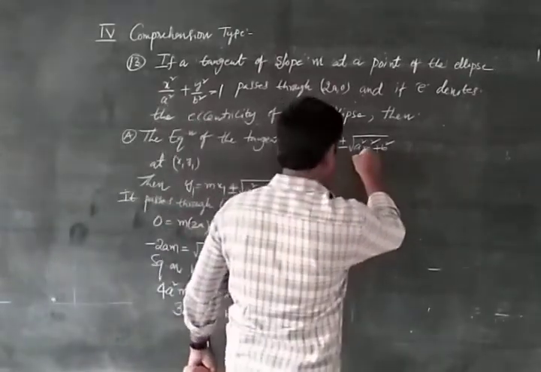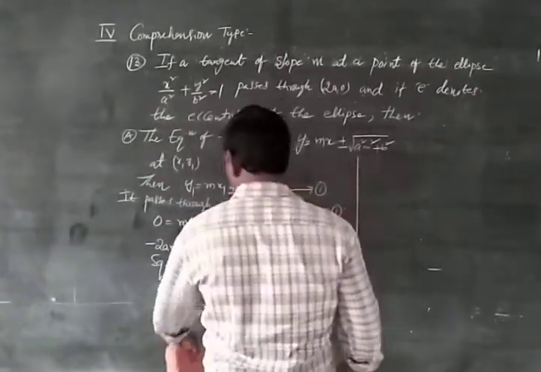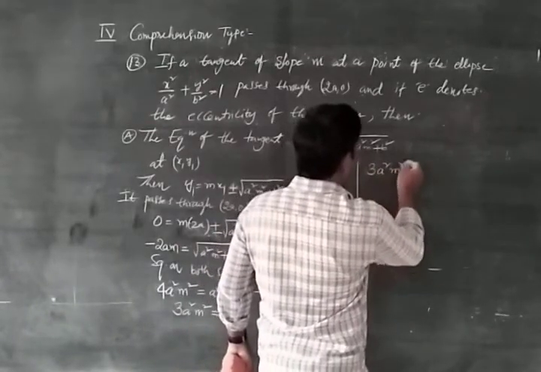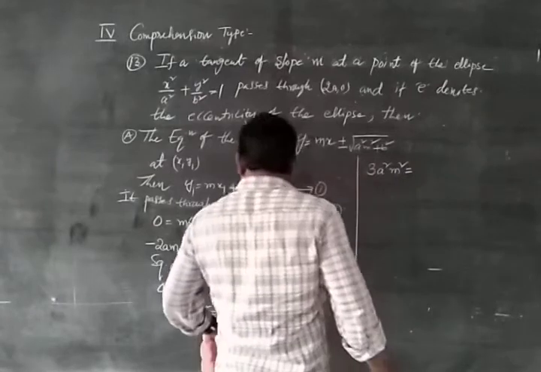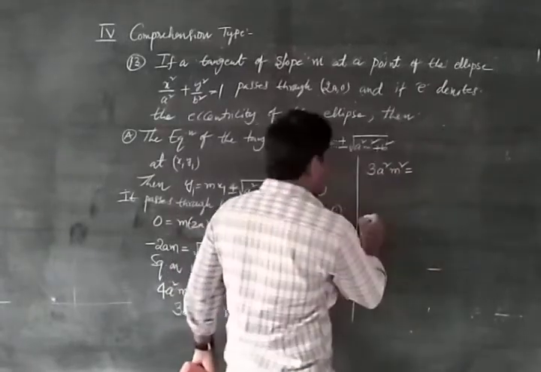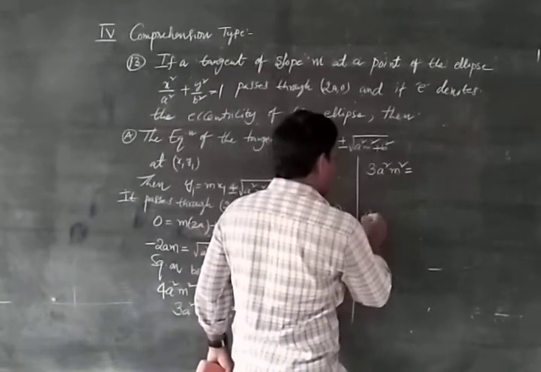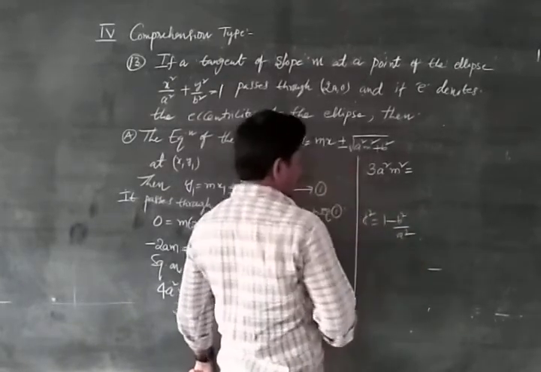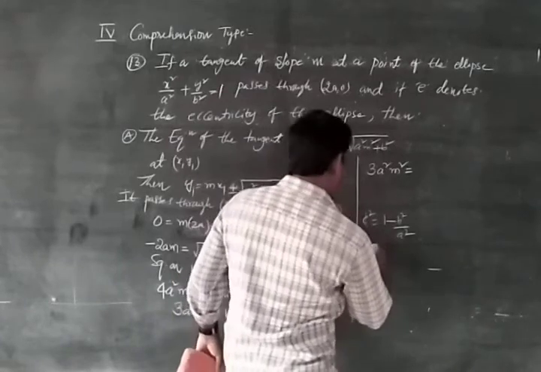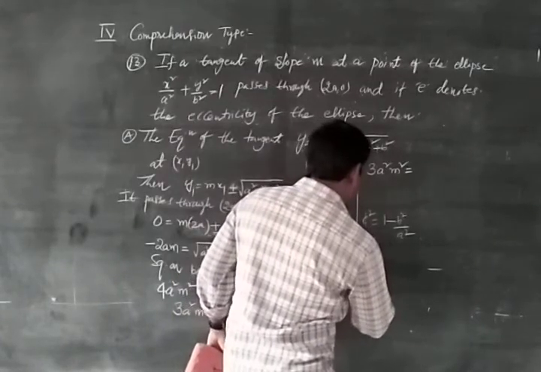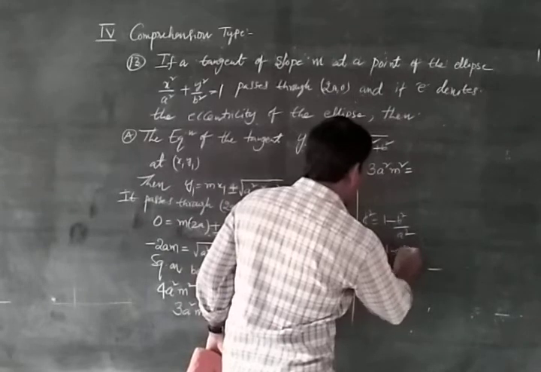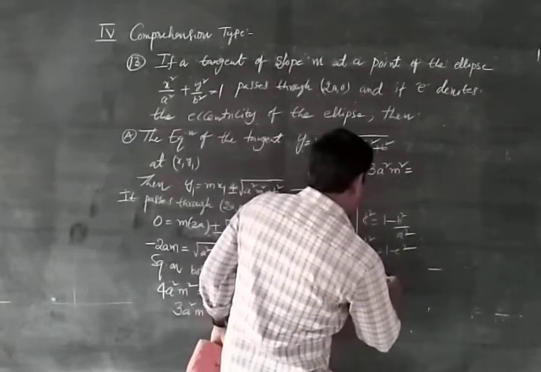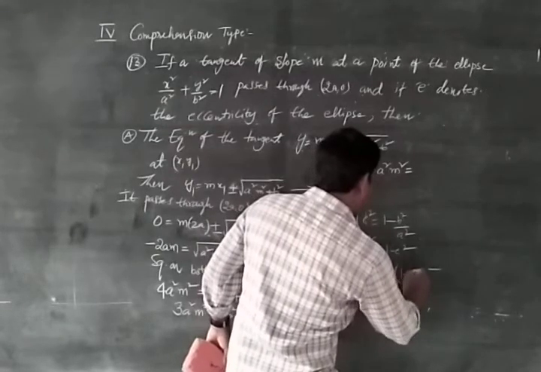Okay, we know that 1 minus b square by a square equal to e square, so b square by a square equal to 1 minus e square, b square equal to a square into 1 minus e square.